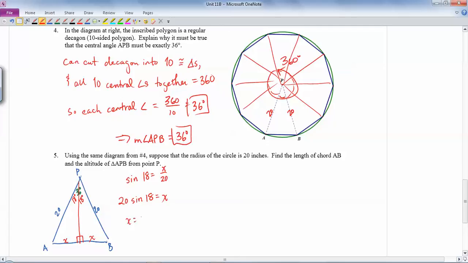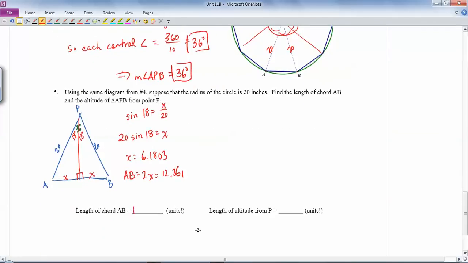And X ends up being 6.1803. So AB is really 2X. So if you multiply by 2, you get 12.361 if you round to 3 decimal places. Let's see, what are the units for this? Oh, since the radius was in inches, all the lengths that we're doing are in inches.